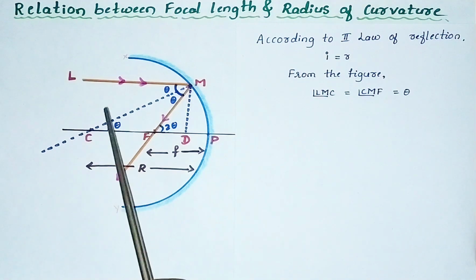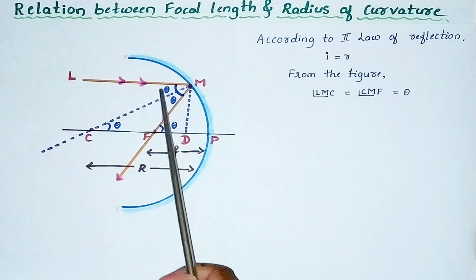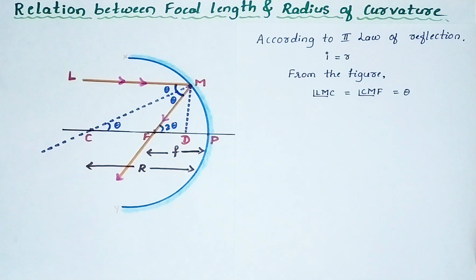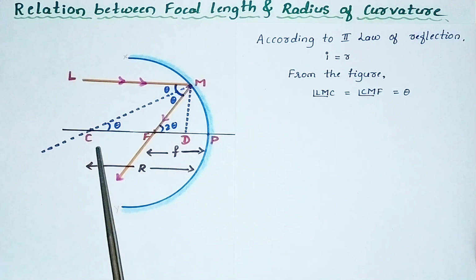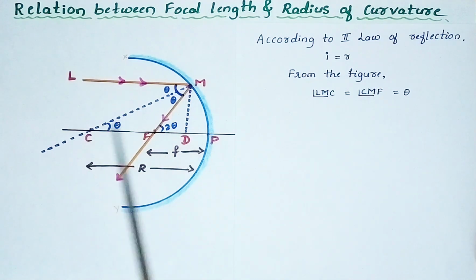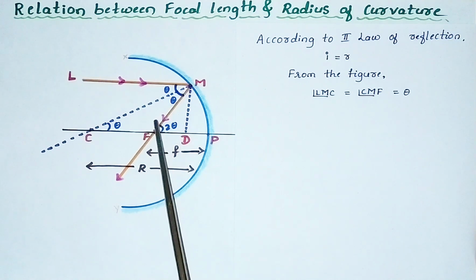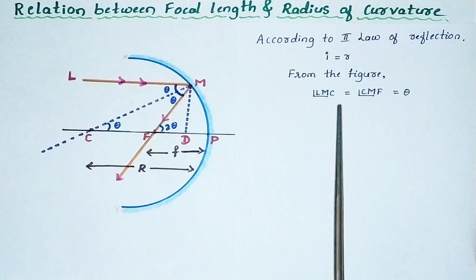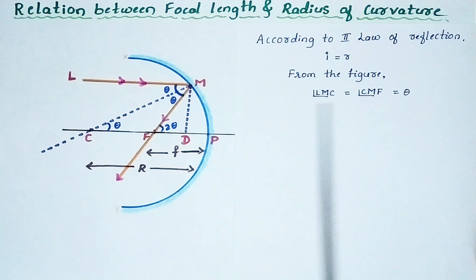Yes, from the diagram, the angle of incidence and angle of reflection both are equal. That is, according to the second law of reflection, we can write that angle LMC and angle CMF, angle of incidence is equal to angle of reflection. So we can write that angle LMC equals angle CMF equals theta.